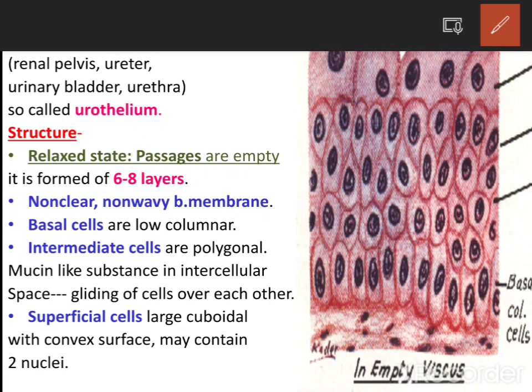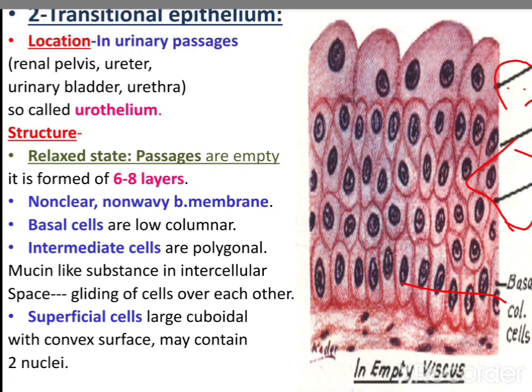So this is the basal epithelial. Then above that we have 3 to 4 layers of polyhedral cells. So this is polyhedral cell layer, and above that the topmost layer is the dome shaped cells. In this you have to draw umbrella shaped cells with some cells which are having two nuclei, that is binucleated cells, found in this epithelium.